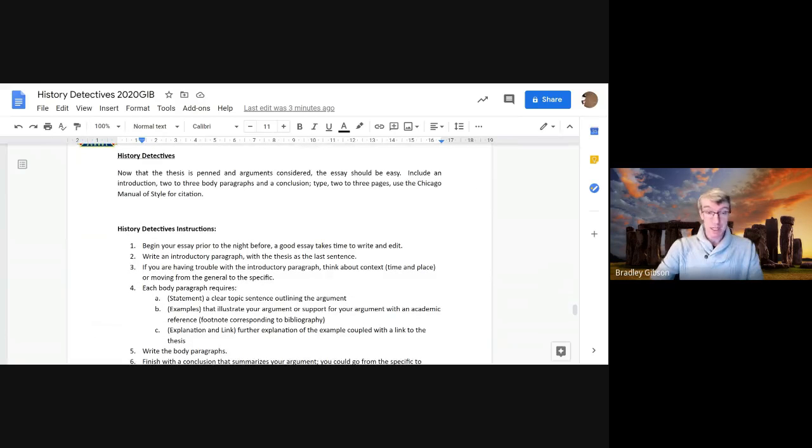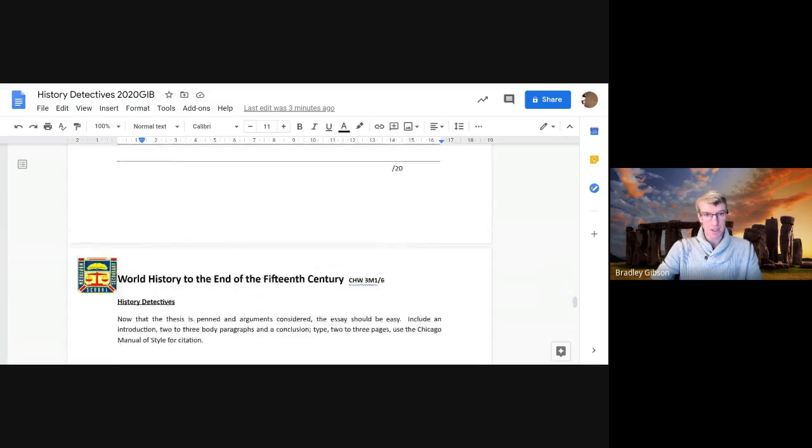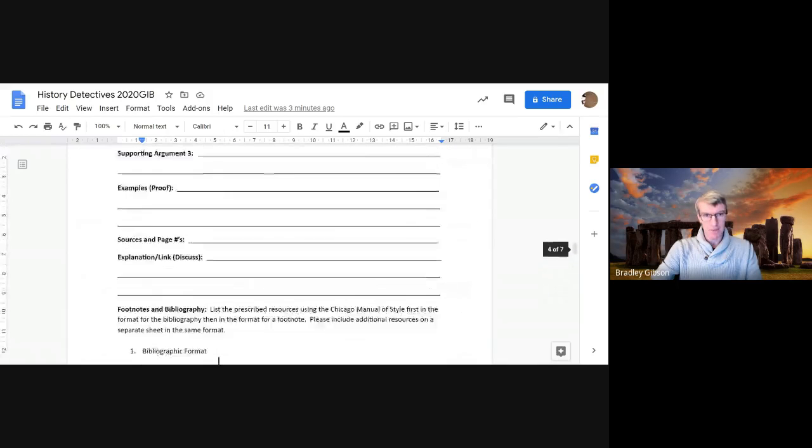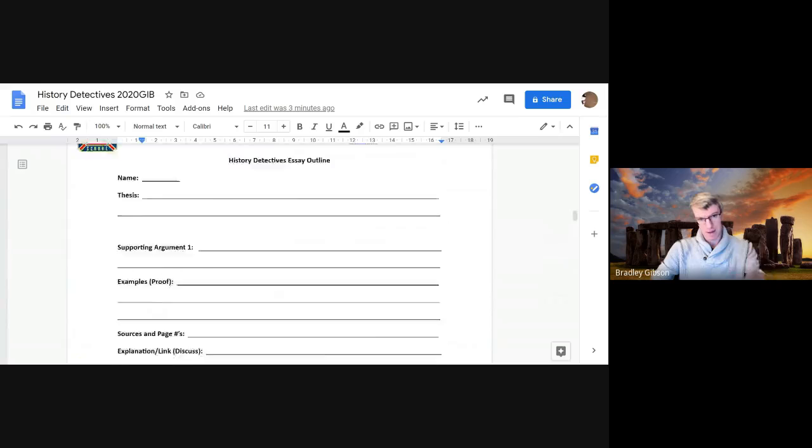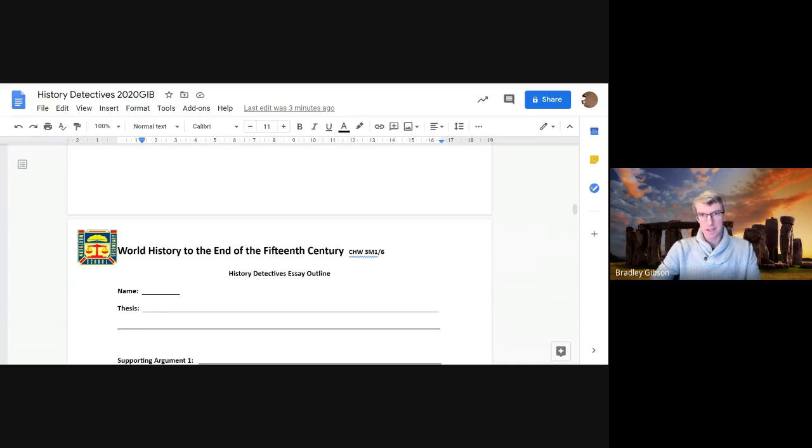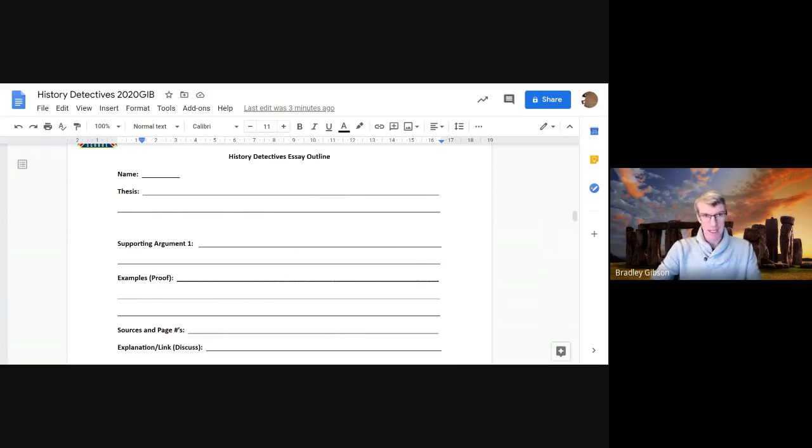Okay, the second part is basically where you write your essay. You're going to use the data that you've put into your outline here, and you're essentially going to cut and paste that into a doc and then start filling in the blanks. So filling in connecting sentences between your supporting arguments, filling in perhaps a broader topic sentence, and I'll get into that in class.